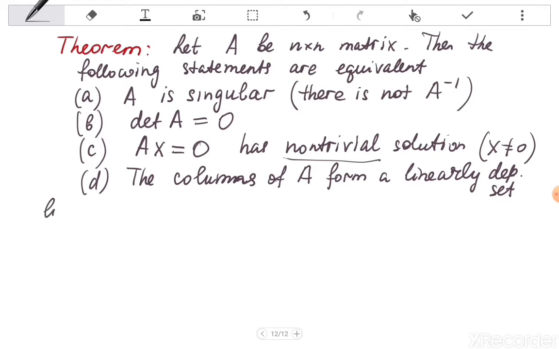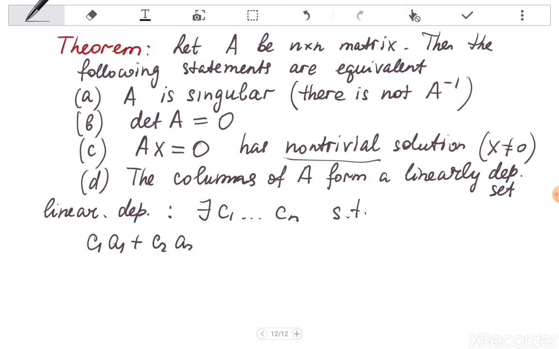So linearly dependent means that there are numbers C1 and so on, Cn, such that C1 A1 plus C2 A2 and so on plus Cn An is 0, where A1 and so on An are columns of A. So A consists of columns A1 and so on An.